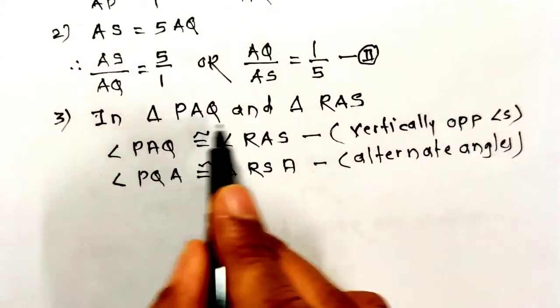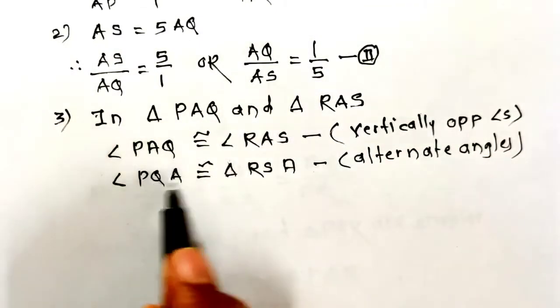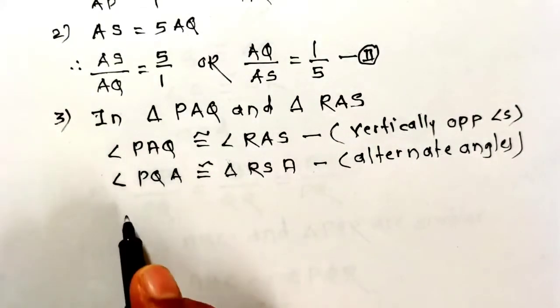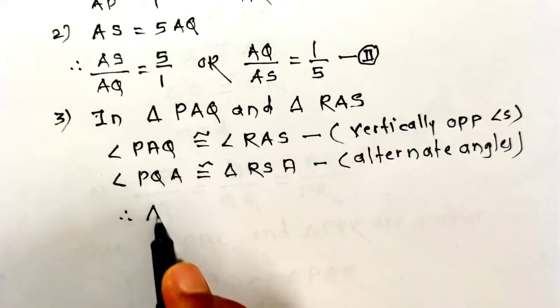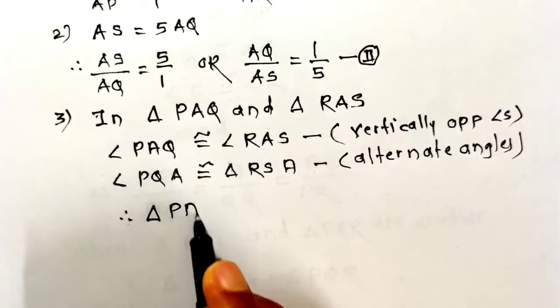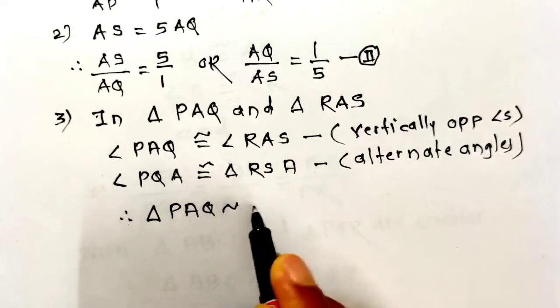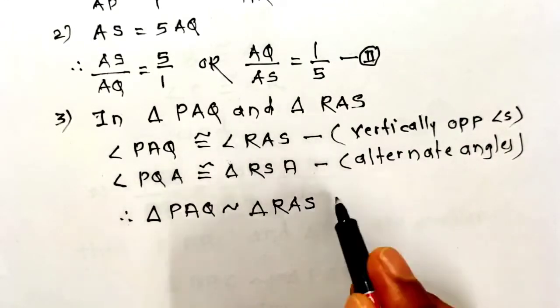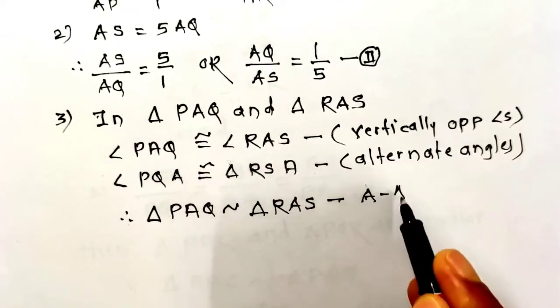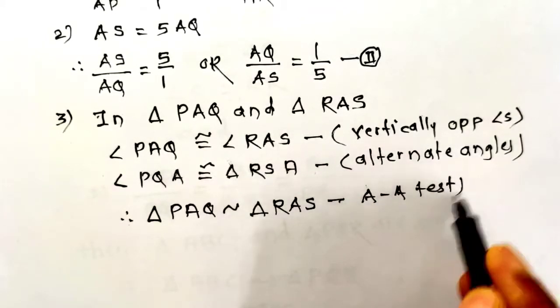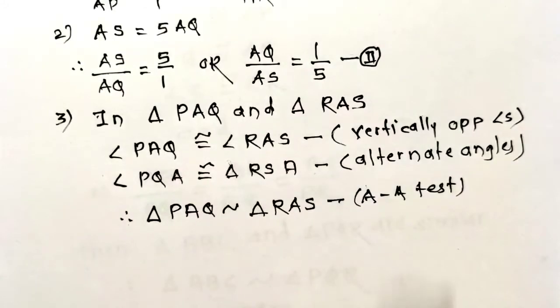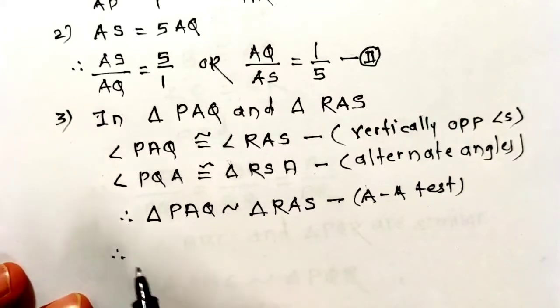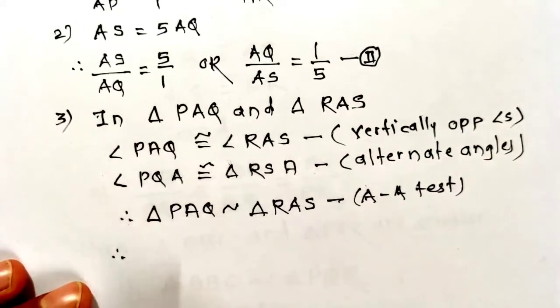Now in triangle PAQ and RAS, two pairs of corresponding angles are congruent, and therefore triangle PAQ is similar to triangle RAS by which test? AA test of similarity.